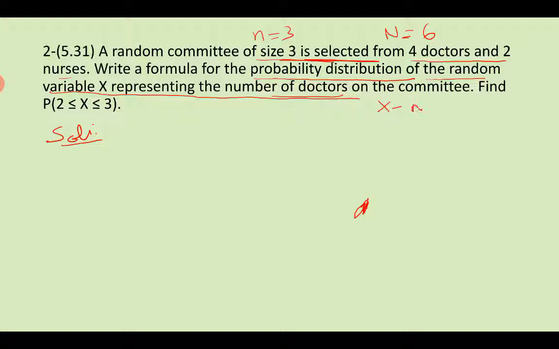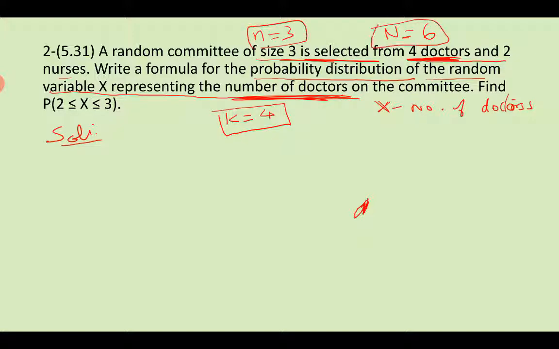The number of doctors is our X, and doctors are our success, isn't it? So K is the number of doctors. How many successes? K is 4, because it is given that there are 4 doctors here. So we have capital N, small n and K.